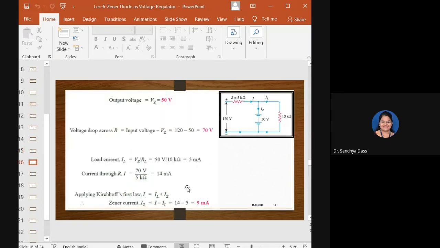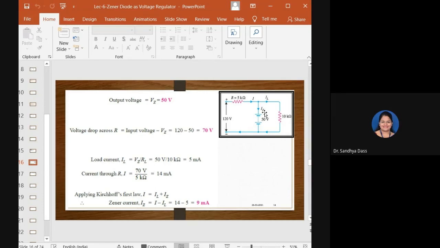The load current, from the circuit, is the ratio of V by R. V is nothing but the voltage across the Zener diode, which will appear at the output terminals, equal to 50 volts, divided by 10 kilo ohms. So IL will be equal to VZ by RL.